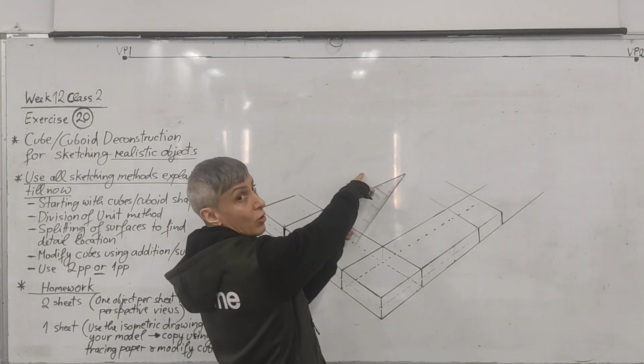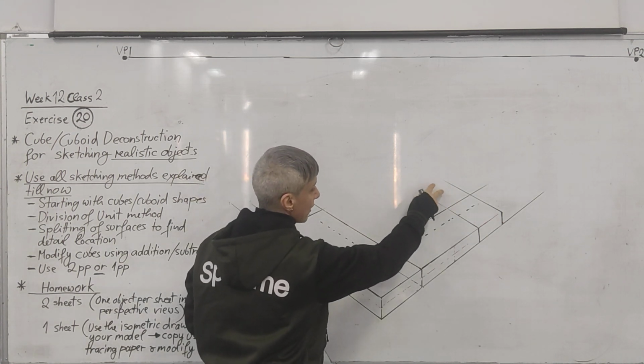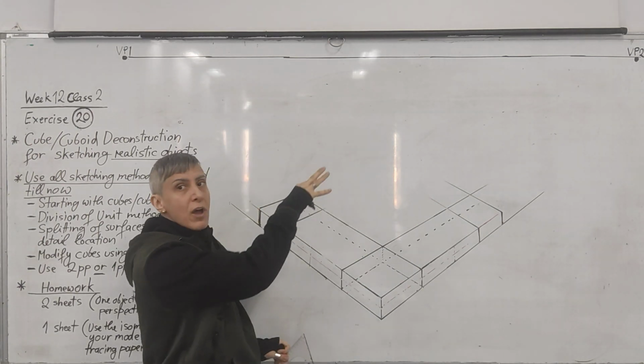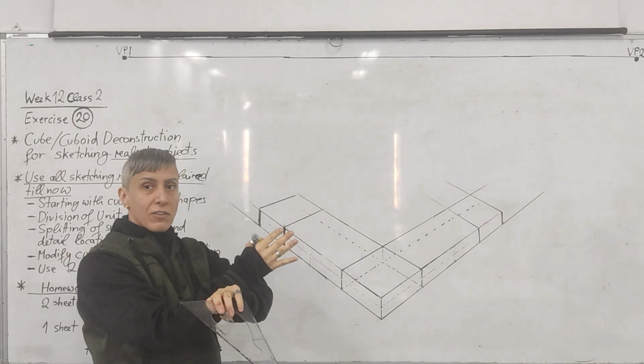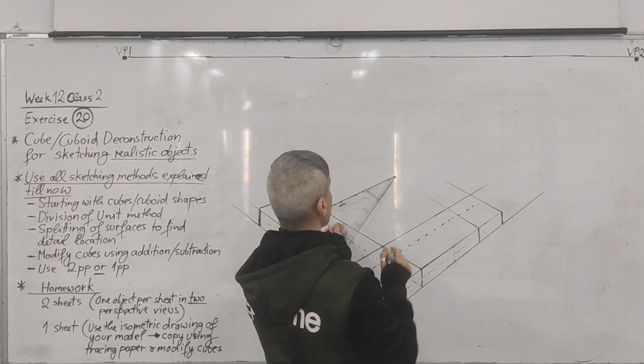Now, the number 4 piece, which will be located again in 2 spaces from here, and 2 spaces from here, somewhere in this location, I don't need to find it, because when I extend these lines, and these lines, they will intersect and tell me where the point is. So, I will just extend the lines.